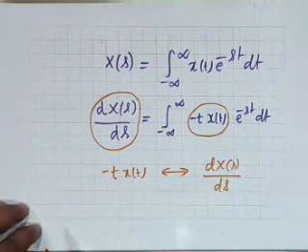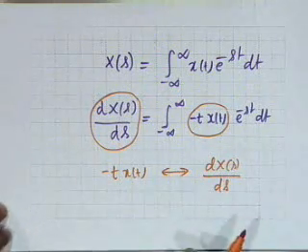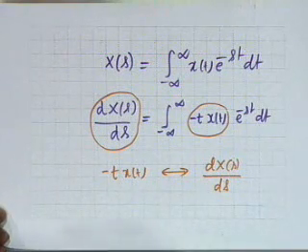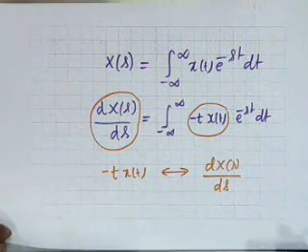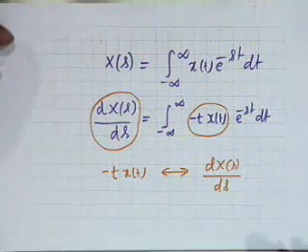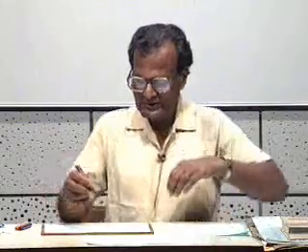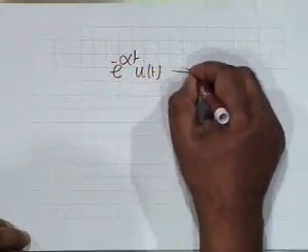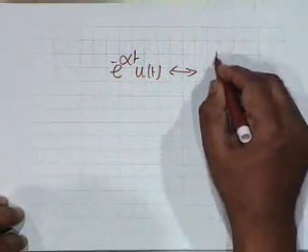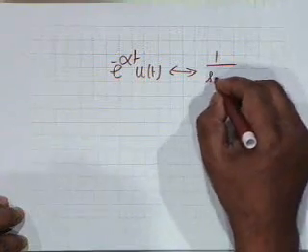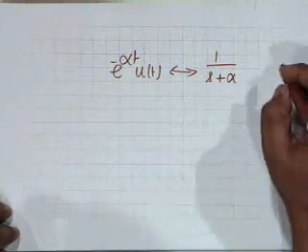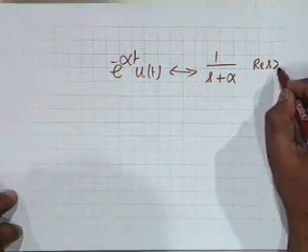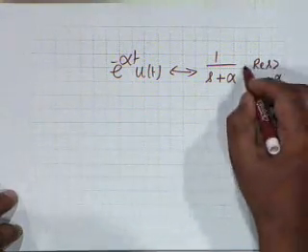Minus t x of t leads to dX(s)/ds. This relationship, although very innocent, is extremely useful, and the usefulness of this shall be brought out by considering a simple function. You know that e to the minus alpha t u of t has the transform 1 by s plus alpha, agreed, with a region of convergence real s greater than minus alpha, alright.